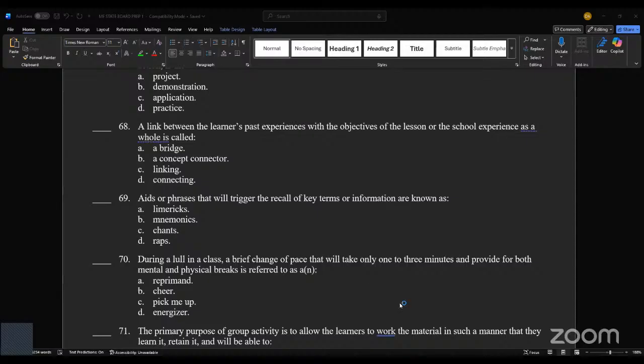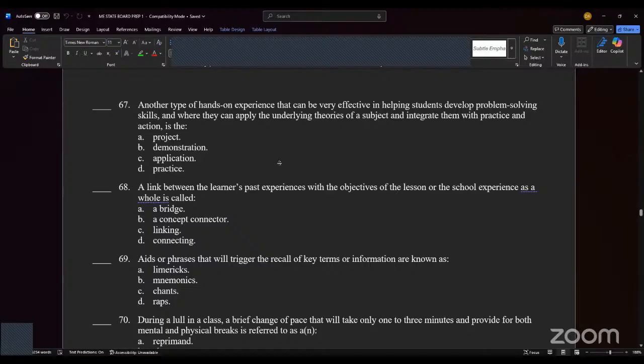All right, 67. Another type of hands-on experience that can be very effective in helping students develop problem-solving skills and where they can apply the underlying theories of a subject and integrate them with practice and action is the project, the demonstration, the application, or the practice.